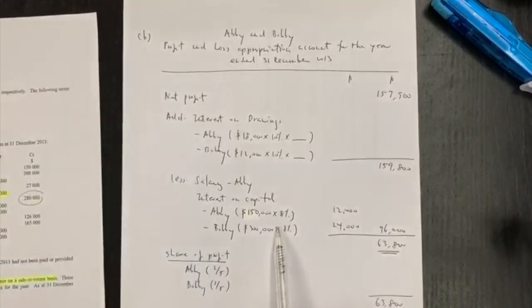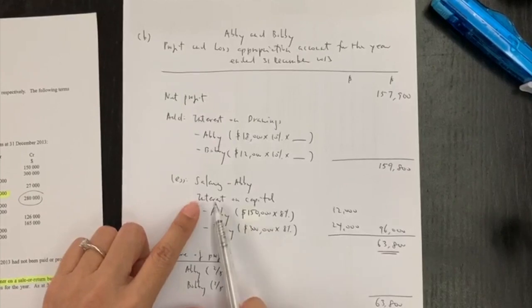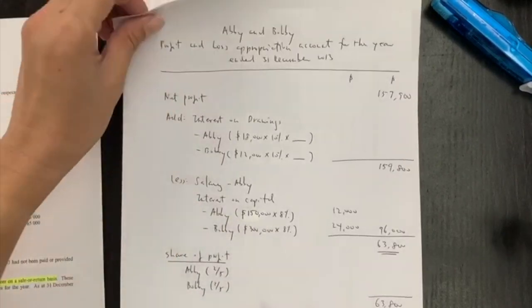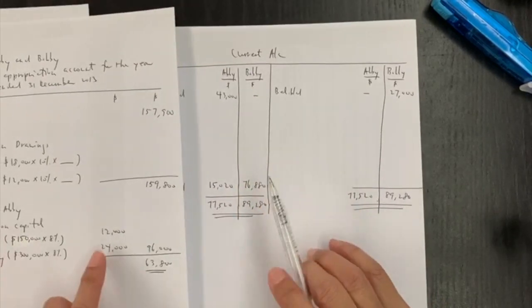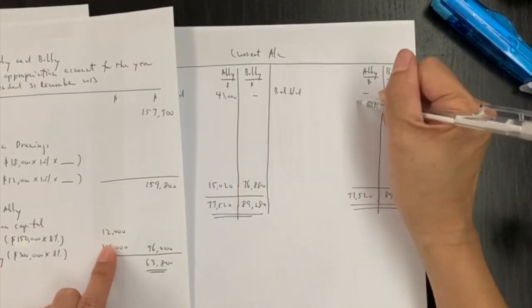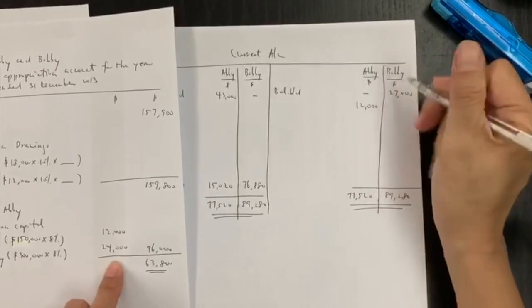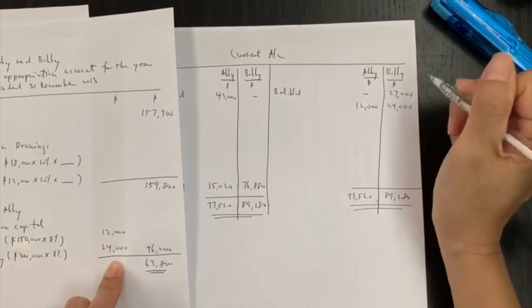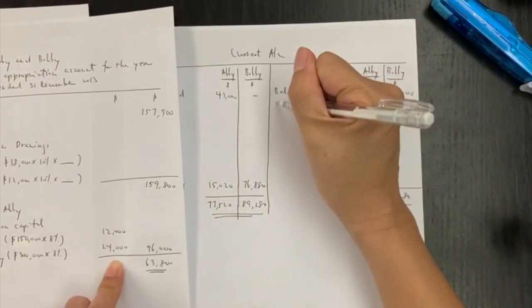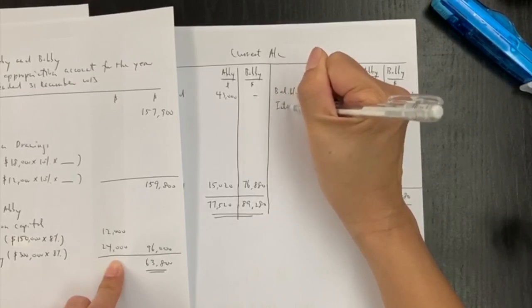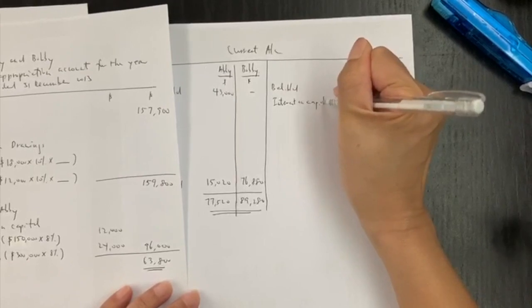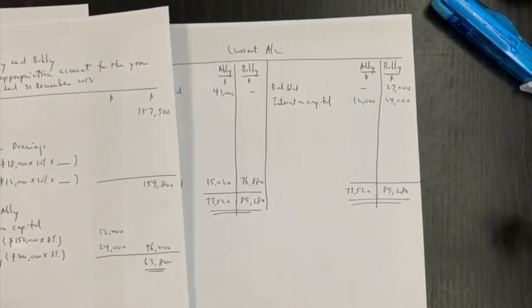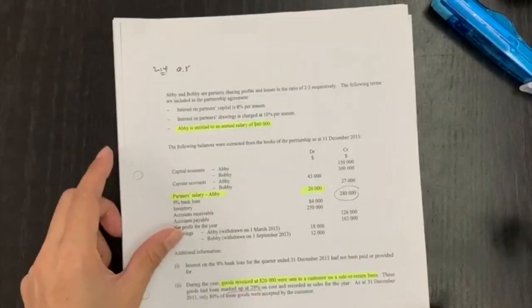All right, since the partners are going to earn this interest on capital, when I move on to the current account here, I put 12,000 for Abby and 24,000 for Bobby, and this is interest on capital. Done.